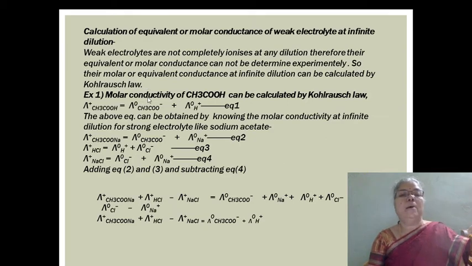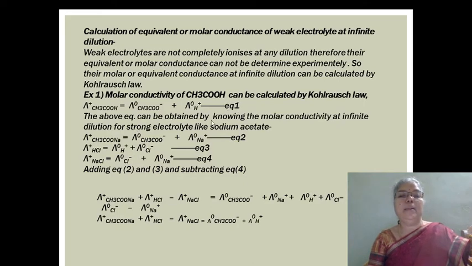Here, the molar conductivity can be calculated by using Kohlrausch law, and already we have seen that lambda 0 of CH3COOH is equal to lambda 0 of acetate ion plus lambda 0 of H plus ion. Let it be our equation number 1.